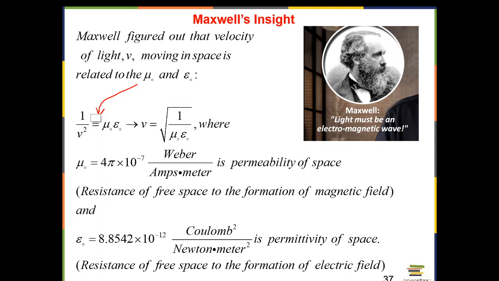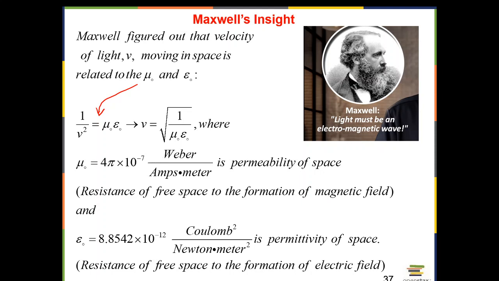So what he realized was that the velocity of the thing that he was working with was related to these two numbers. These two numbers are called mu naught, or mu sub 0, the permeability of space, which is the resistance of free space to formation of a magnetic field.